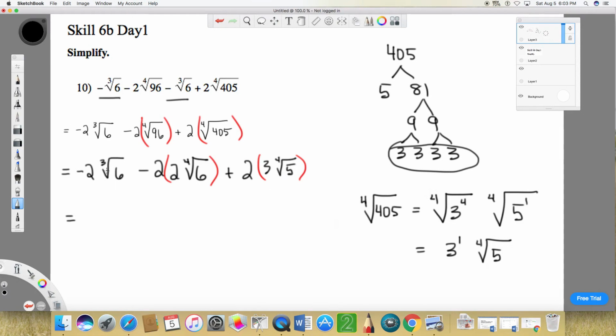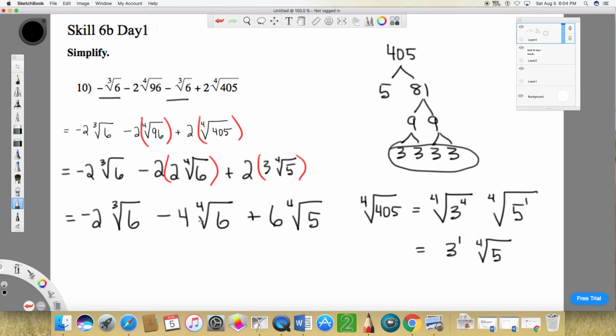So we have this cube root of 6, and it's unlike the others. And here we've got minus 4 times the fourth root of 6, and here 3 times the fourth root of 5.